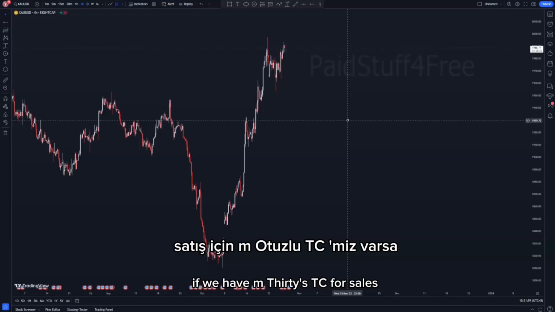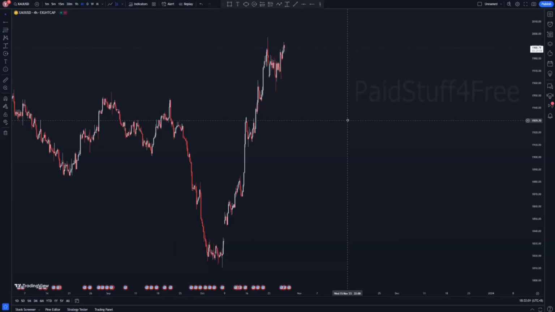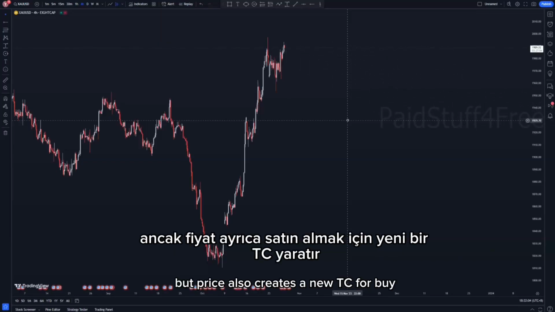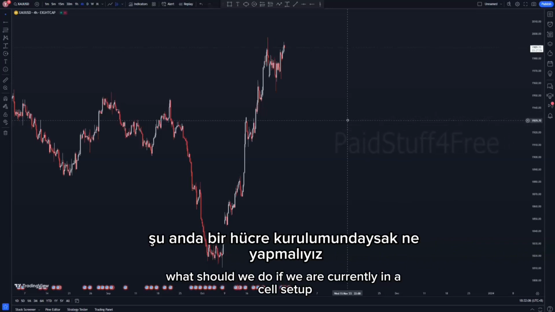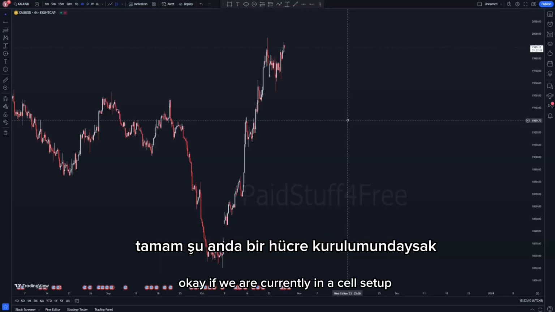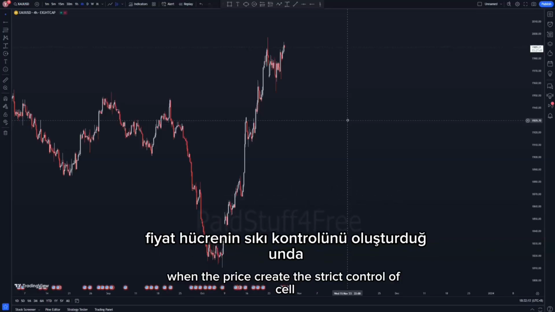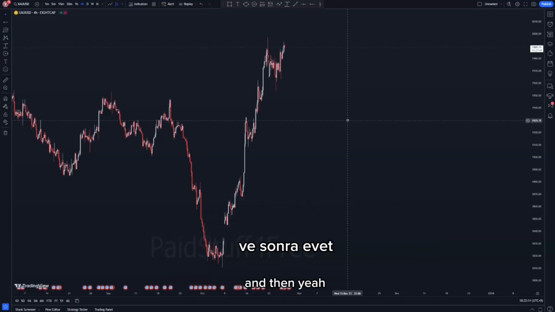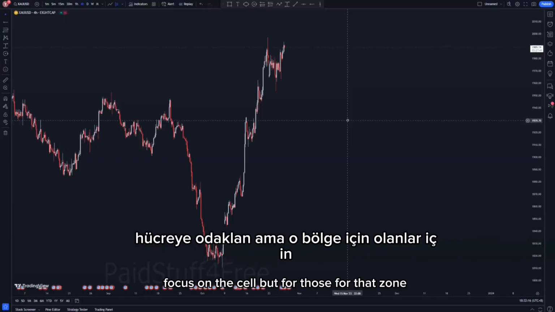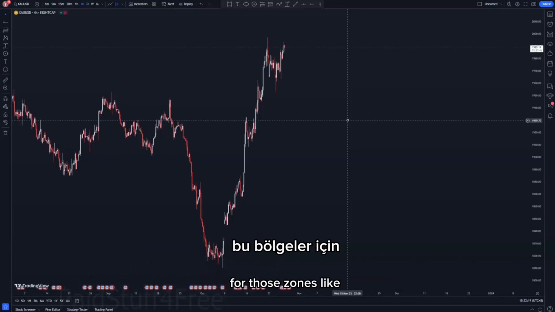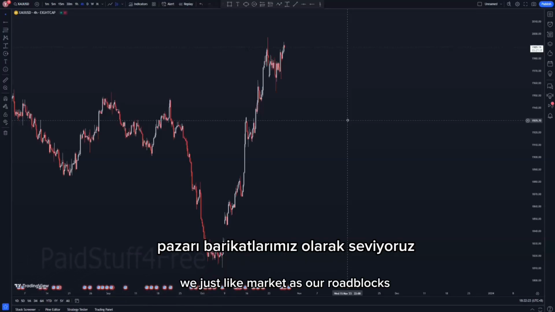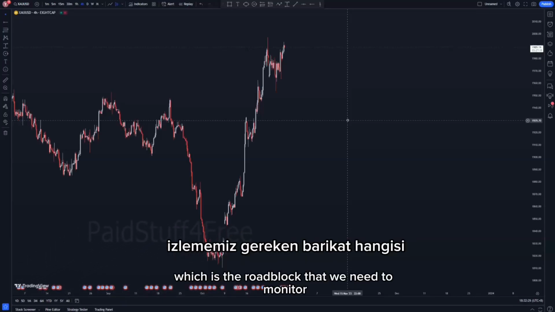If we have an M30 TC for sell, but price also creates a new TC for buy, what should we do? If we are currently in a sell setup, when the price creates the trade control of sell, then focus on the sell. But for those zones like easy buys on M30, we just mark them as our roadblocks, which we need to monitor inside of.